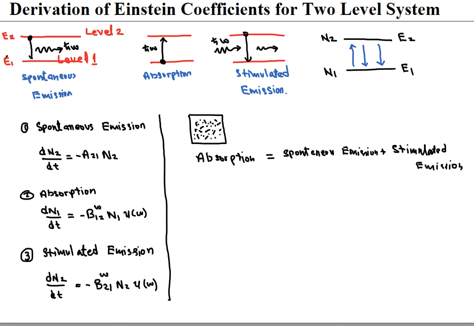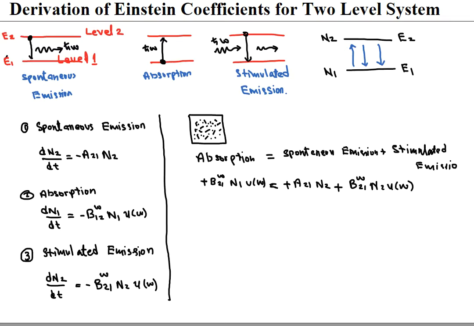We have already written down the equations for the rates, so we can write minus B21 omega N1 u of omega will be equal to minus A21 N2, no sorry, not plus, it will be minus B21 omega N2 u of omega, and we can multiply this equation with a minus sign to make it positive.